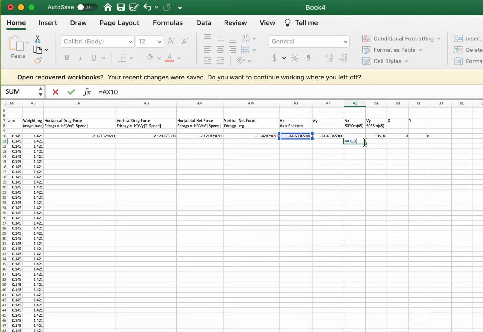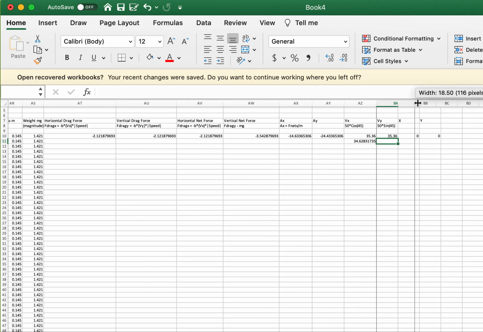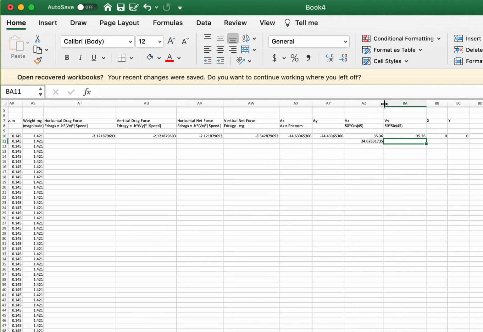Didn't expect that to happen. Times 0.05 plus previous velocity, which would be AZ10. For this one, same thing: AY10 times 0.05 plus BA10.